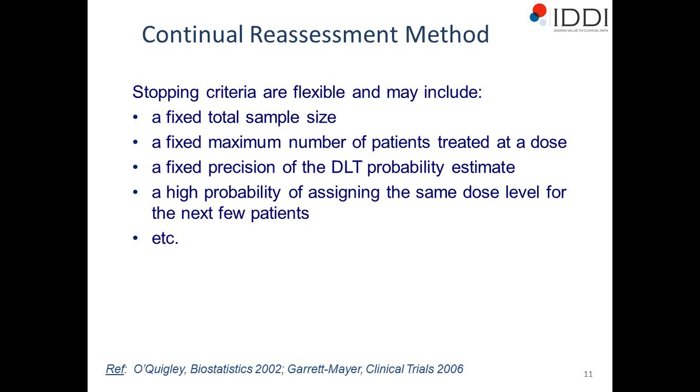So essentially, the idea is that you have this adaptive scheme of assigning the doses, which try to target the dose at the level of toxicity which you aim at, and you can stop depending on one or other criteria which are most suitable for you in terms of the inferential or in terms of the logistical constraints.